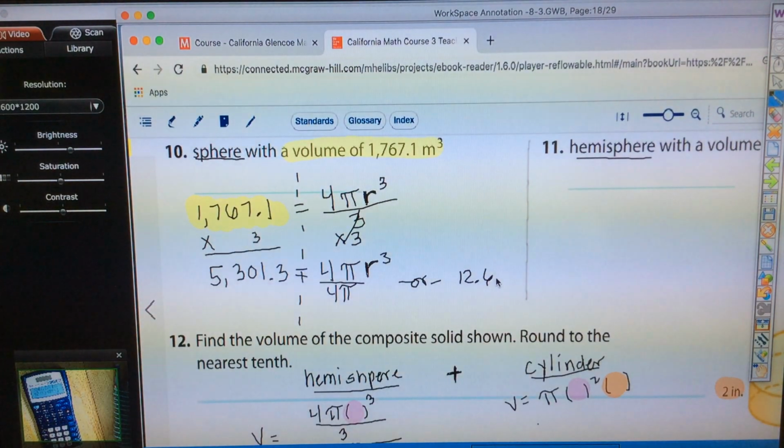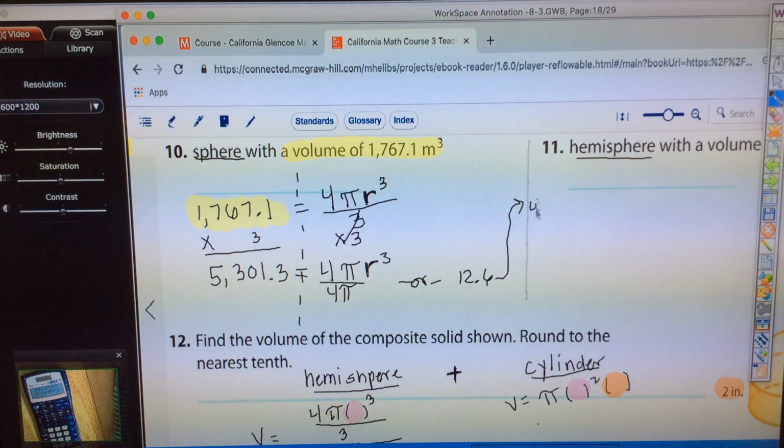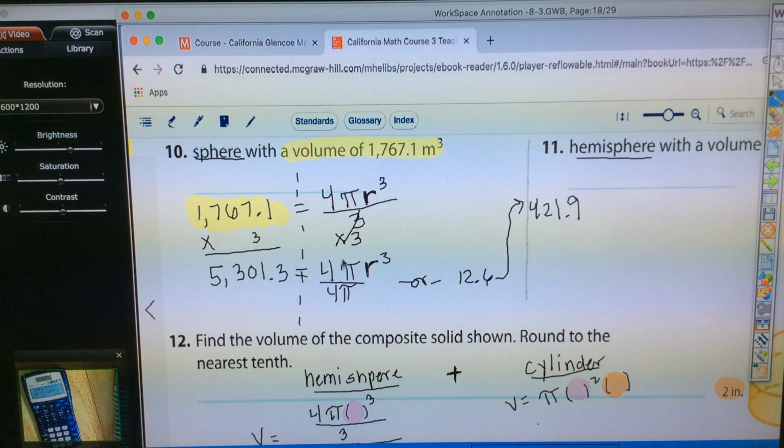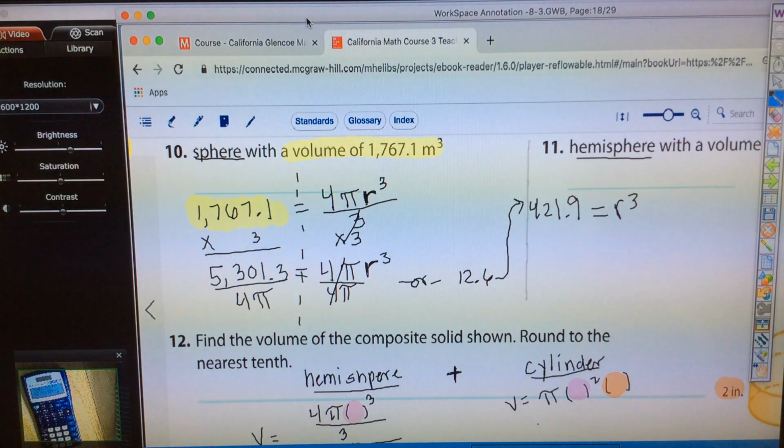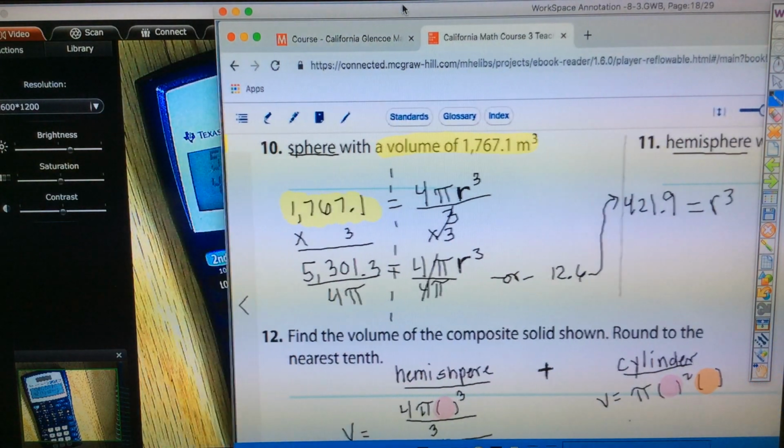I'm just going to write it over here. 421.9 is equal to radius cubed. Let's try that. If I leave it as 12.6, I should get about the same.